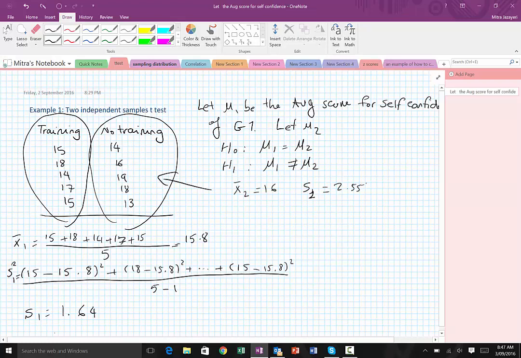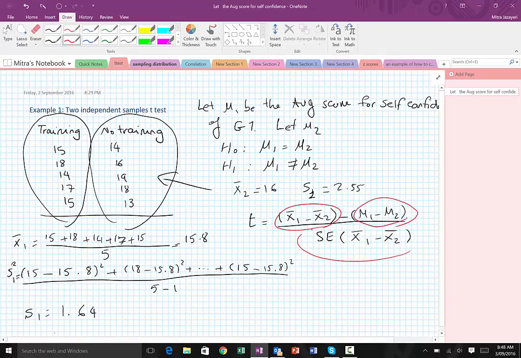In two independent samples t-test, t is equal to x bar 1 minus x bar 2 minus mu1 minus mu2 divided by standard error of x bar 1 minus x bar 2. So now you can see that you have got this one, you have got this one. This one needs a little bit of work.